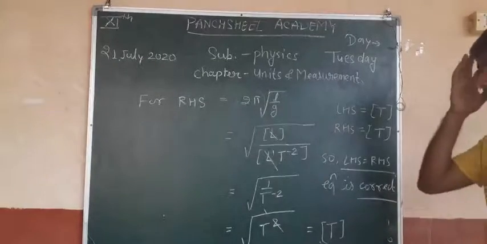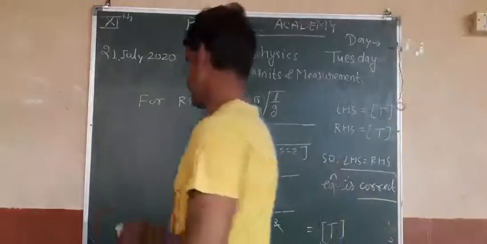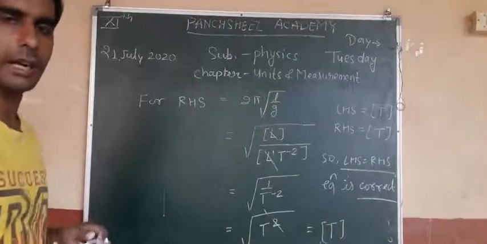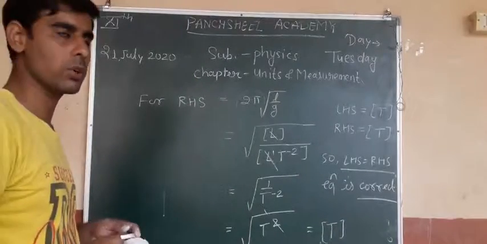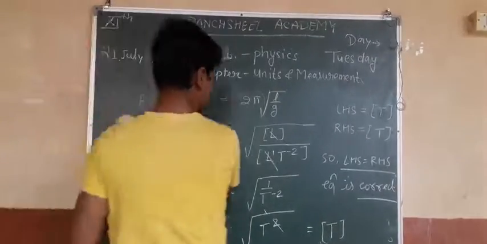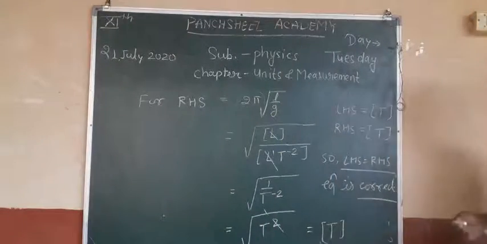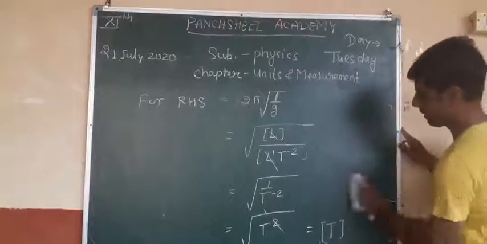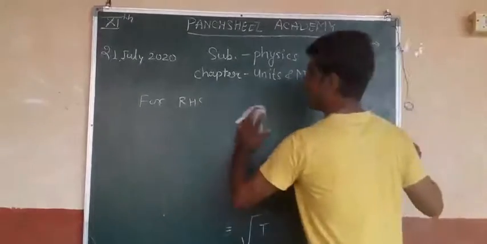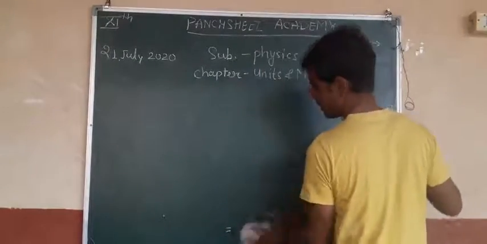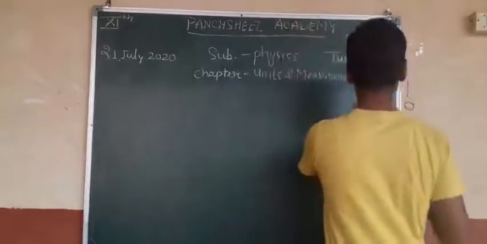If we take another example, another equation, and check whether it is correct or not. The other example is the first equation of motion.